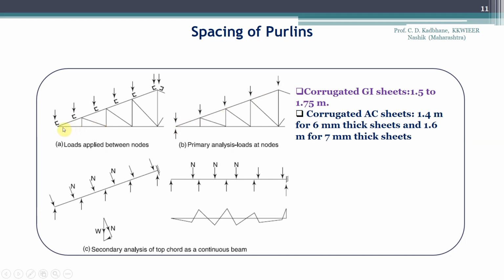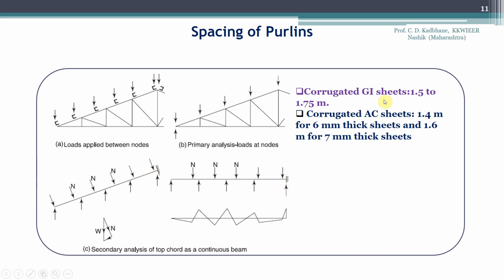But when the requirement is such that we have to keep purlins at the joints as well as in between the two joints, then the principal rafter is subjected to axial compression as well as bending moment. That means the principal rafter should be designed as a beam column. That beam column, which is the complete length of principal rafter, can be considered as a continuous beam. So it can be treated for analysis purpose as a continuous beam.